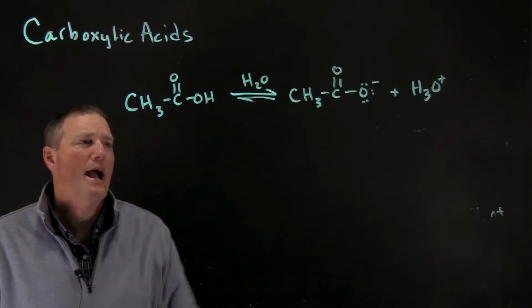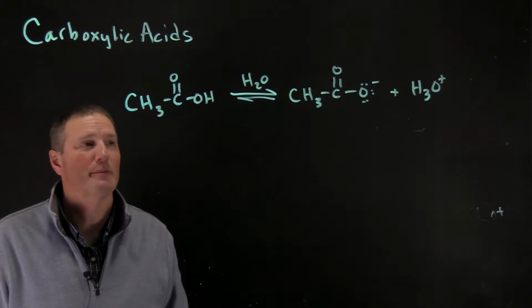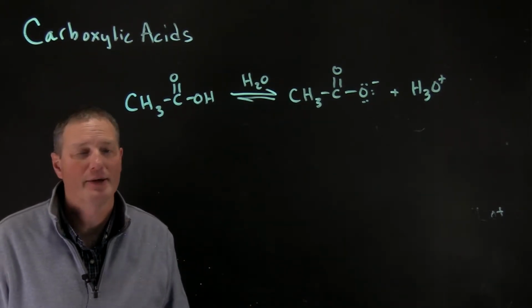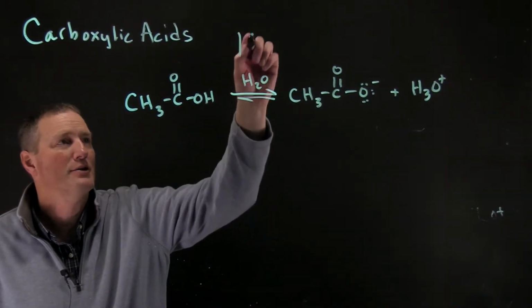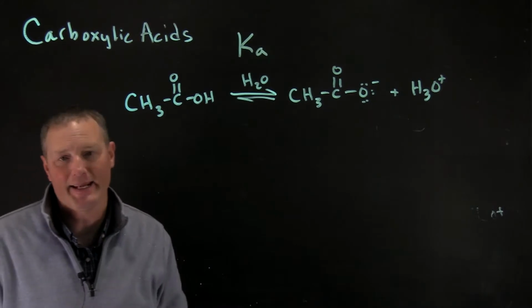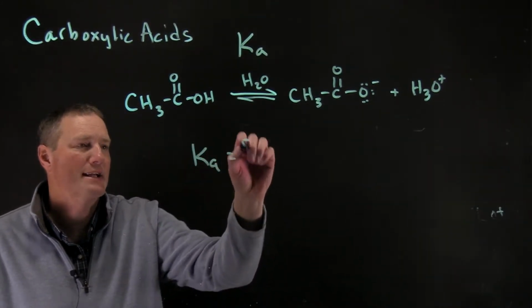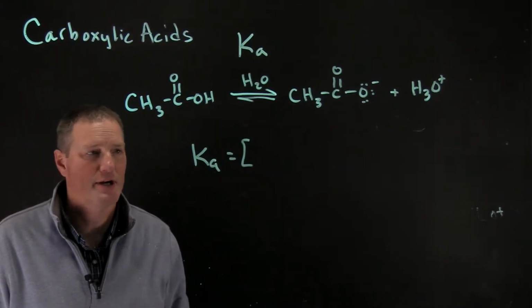Now, in this reaction, if I wanted to describe the equilibrium of this reaction, we would describe it using the equilibrium constant, or Keq. Because this is an acid, we're going to call that a new type of Keq called Ka. And Ka would be defined as the concentration of the products divided by the concentration of the starting materials.